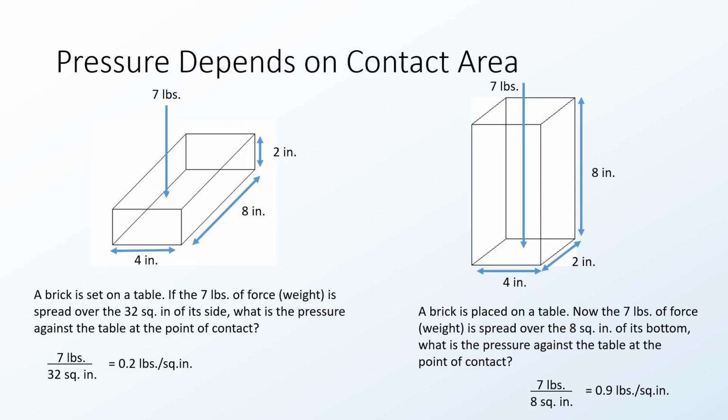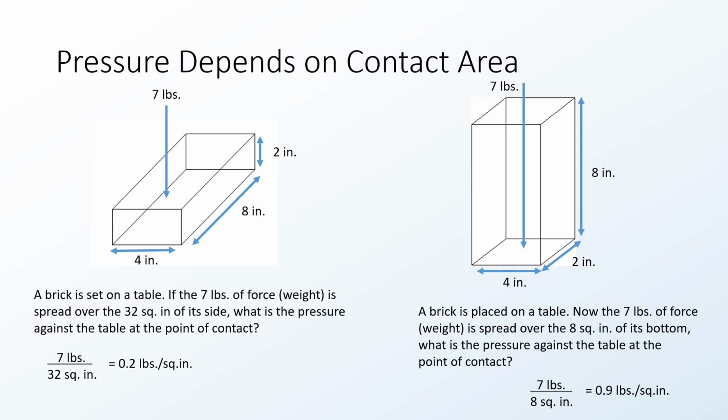Let's see, I got a prop here. Here we go. Pressure will depend on the contact area. If you set a brick on the table and it's 7 pounds of force, the weight, spread over 32 square inches, what is the pressure against the table at the point of contact? You take that 7 pounds and divide it by the area, and you would get 0.2 pounds per square inch.